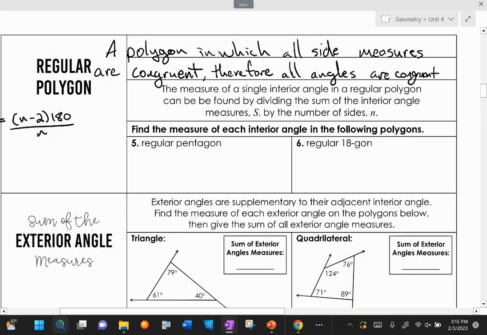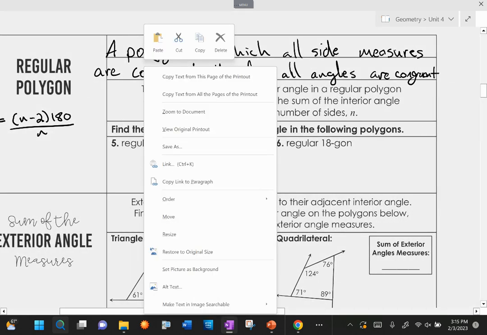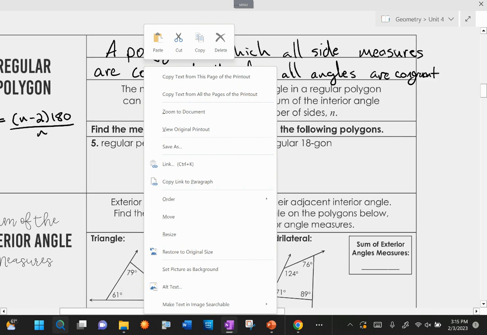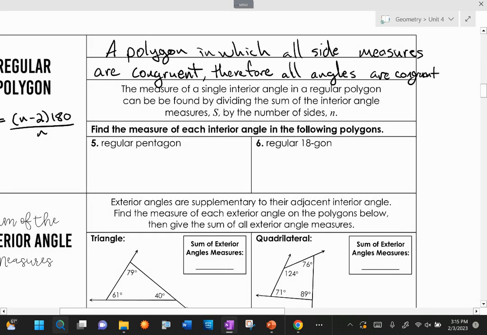Okay. So the regular pentagon would be S equals, in parentheses, 5 minus 2 times 180, divided by 5.